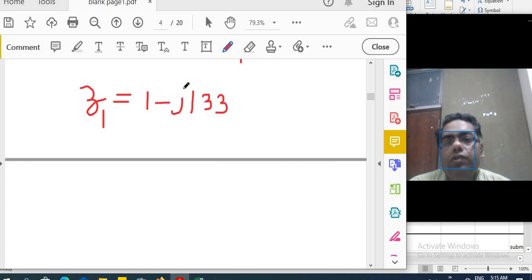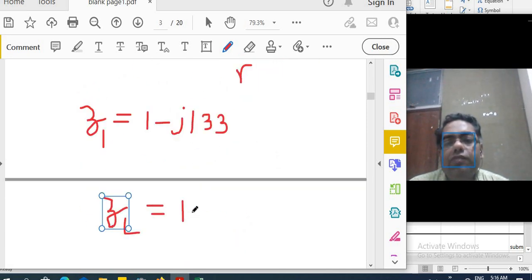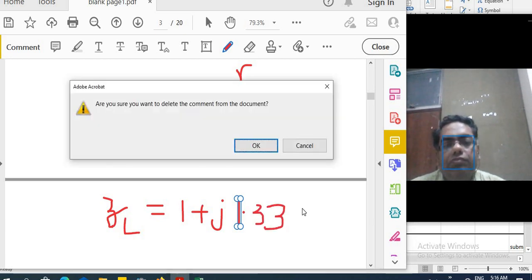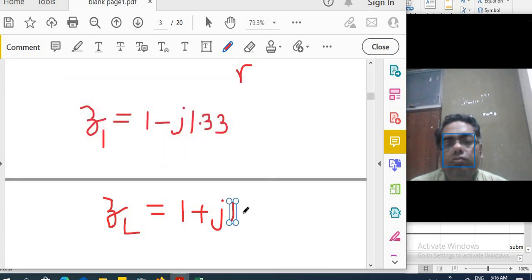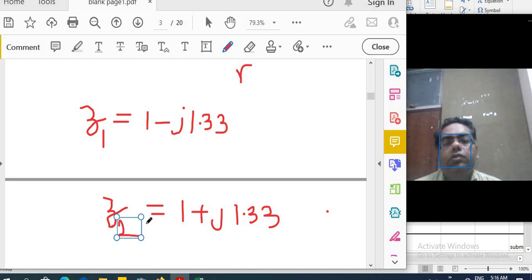Z2 is on the upper half of the Smith chart, so Z2 will come as 1 plus j 1.33. So these two values of Z2 will come.